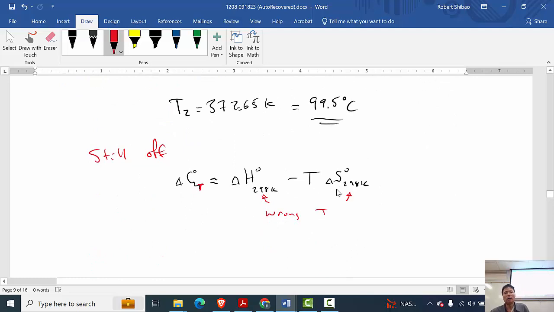Now, it depends on what delta H and delta S are, if they're positive or negative. Temperature could be used to actually reverse the driving force, like in this case. The driving force was for the backwards or the reverse reaction, not the forward reaction. And by adjusting the temperature, we were able to change the driving force to the forward direction.